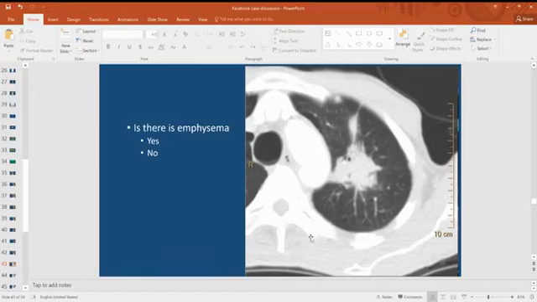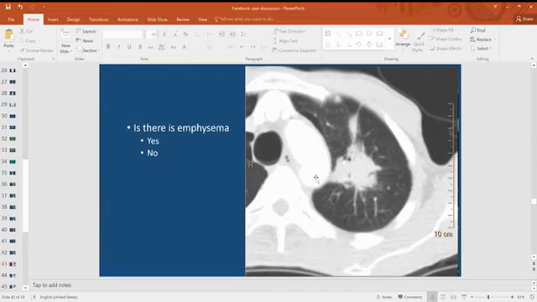This is the CT scan of this patient. Is there any emphysema in this patient? Yes or no? Take a few seconds to answer the question. There is no emphysema. Okay.